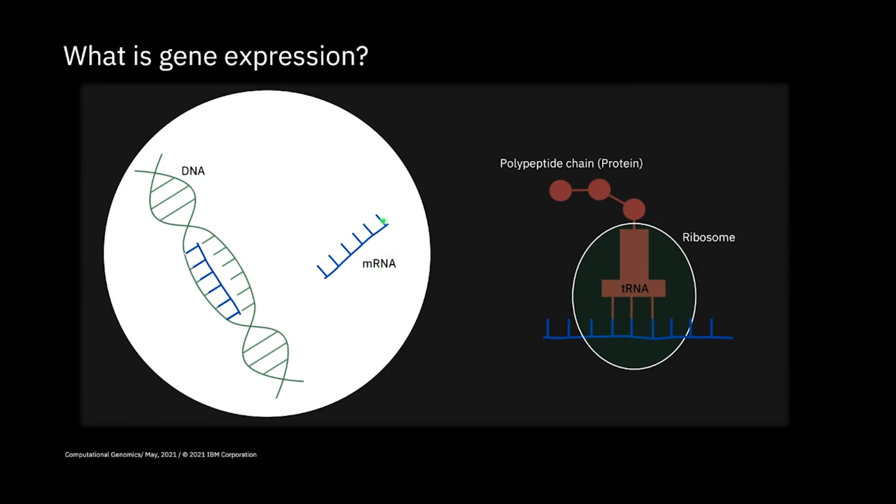Then this molecule travels outside the nucleus and is now here, and it gets processed by something called a ribosome. Inside the ribosome, another RNA comes in, called transfer RNA, that has a certain shape that matches the shape it's being attached to, and it carries an amino acid.